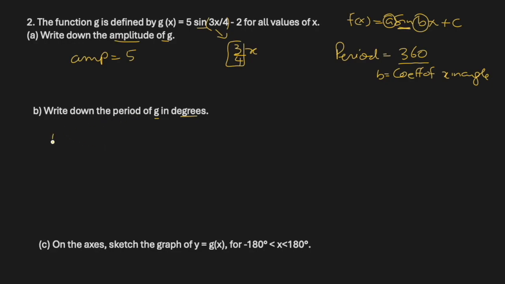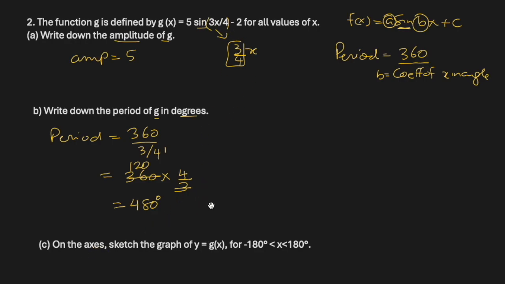So our period will be 360 divided by 3/4. Okay, and whenever we want to convert a division into multiplication, it becomes the reciprocal of the denominator multiplying, not dividing this time. So we can say that this is 120 times 4, 480 degrees is the period of this particular function.